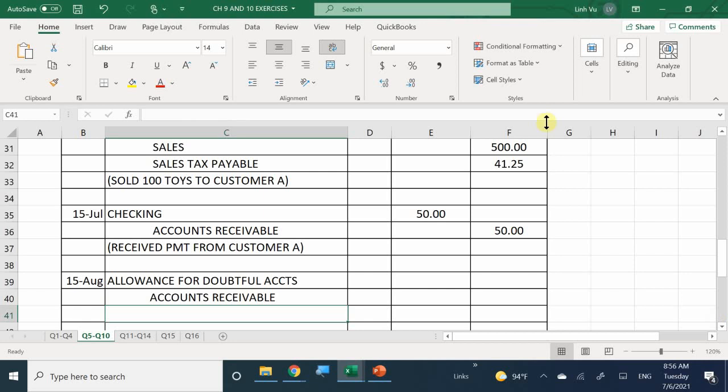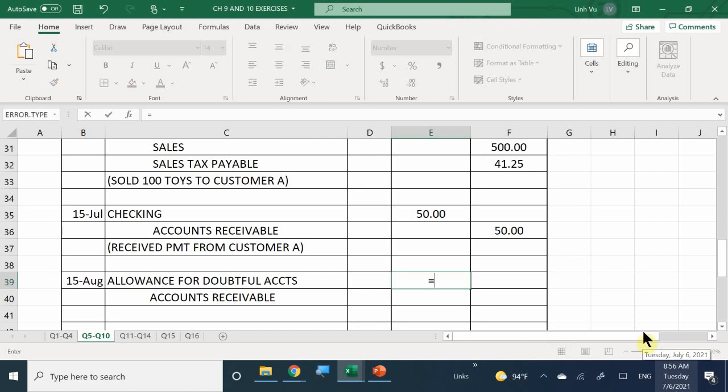Now, how did you get this $491.25? Because that was the 541.25 minus the $50 payment that he had made. Good, correct.